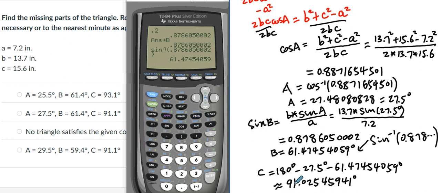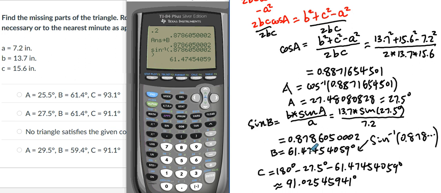So 180 minus that, we shall have 91.025 something. So here it will be like 91.1. Here, because I used 27.5, if I used 27.4808 something, I might get 61.4 without the 7 after rounding.